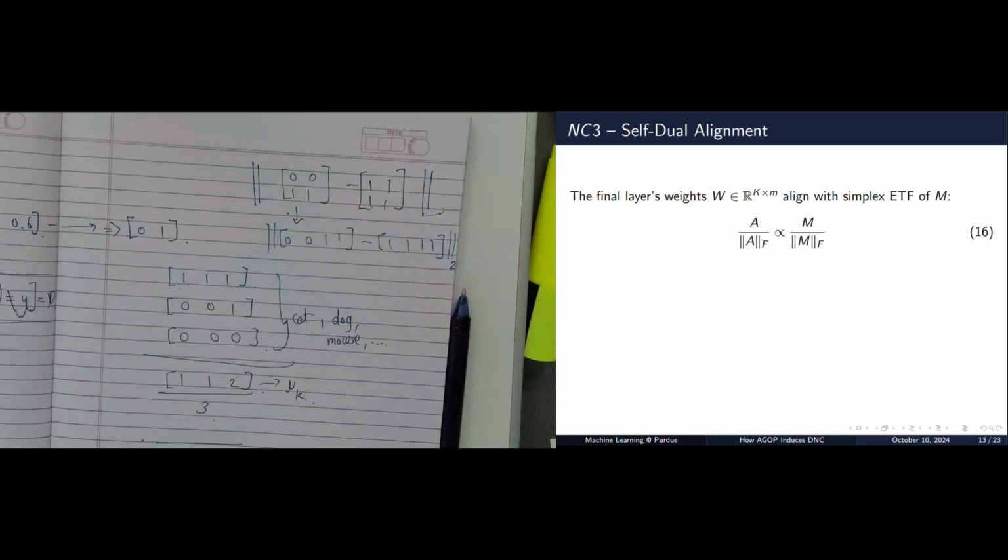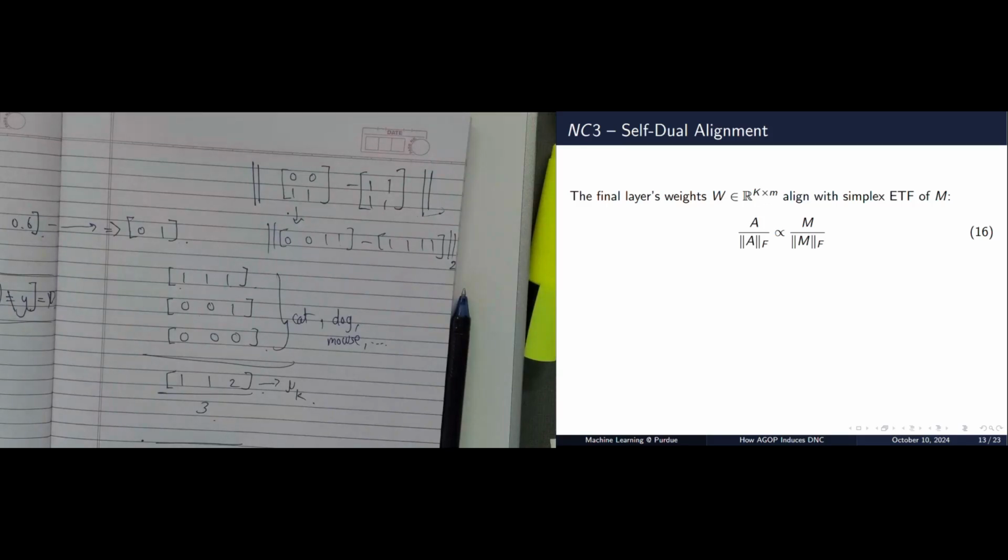Anyways, NC3 is self-dual alignment. This is basically us going one step further, where we look at the final layer and the symmetry between the final layer and the penultimate layer.